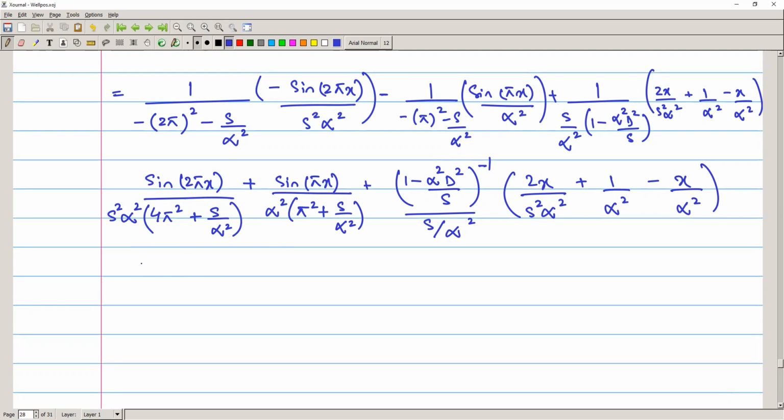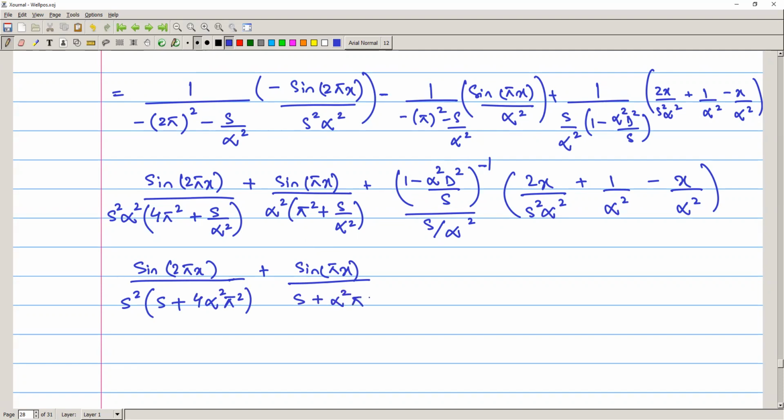So now we can write like this: sine 2 pi x divided by s squared times s plus 4 alpha squared pi squared, plus sine pi x over s plus alpha squared pi squared.